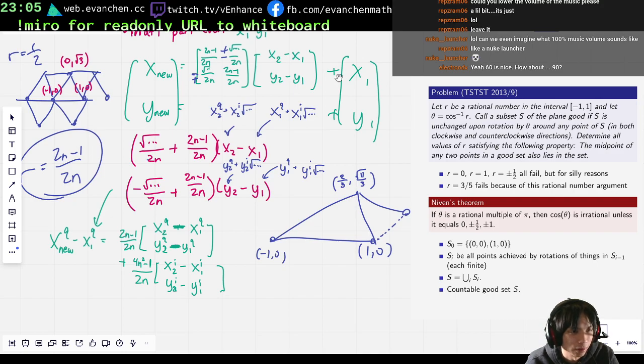How about 90? So if you have 90, you just have like a square lattice, right? That's also... So, say where we are. I've ruled out every value of r except 2n minus 1 over 2n for odd n.